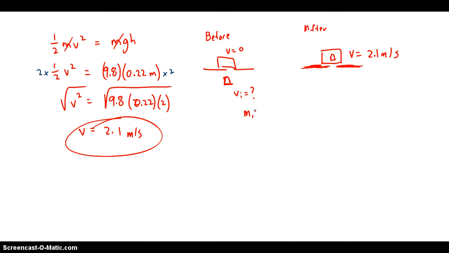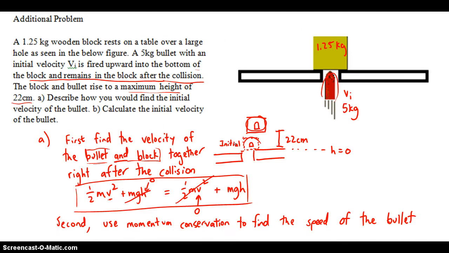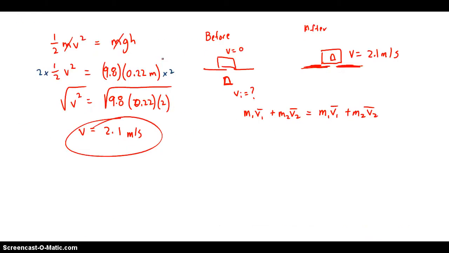So, momentum conservation. What are our masses here? We've got 1.25 and 5. So I can make this 1.25 and this 5.